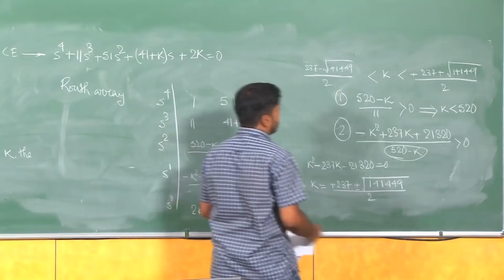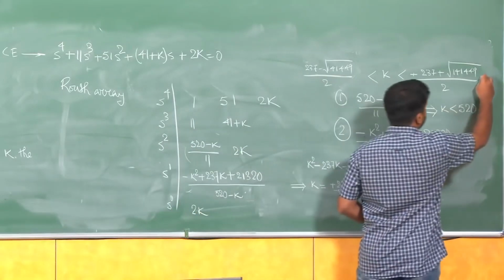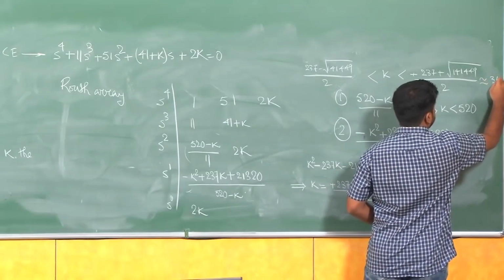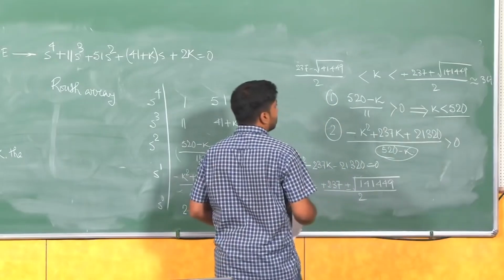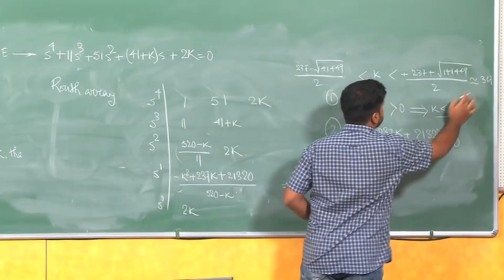The upper root is almost equal to 367. So, the upper limit of K now reduces from 520 to 367.